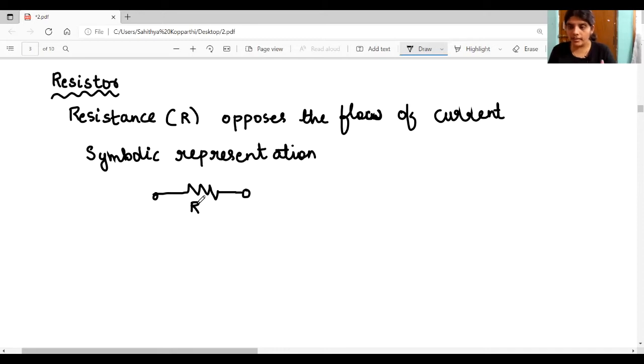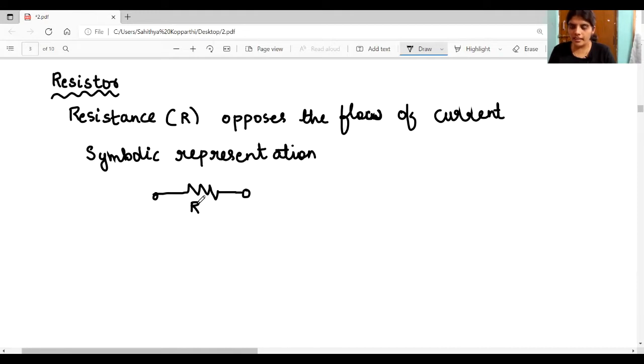We know that metals have free electrons, right? When these free electrons move from one atom to another atom, in the process of movement they collide with the atoms. When they collide with the atoms, the speed of the electron is reduced, and due to the collision, heat is produced.